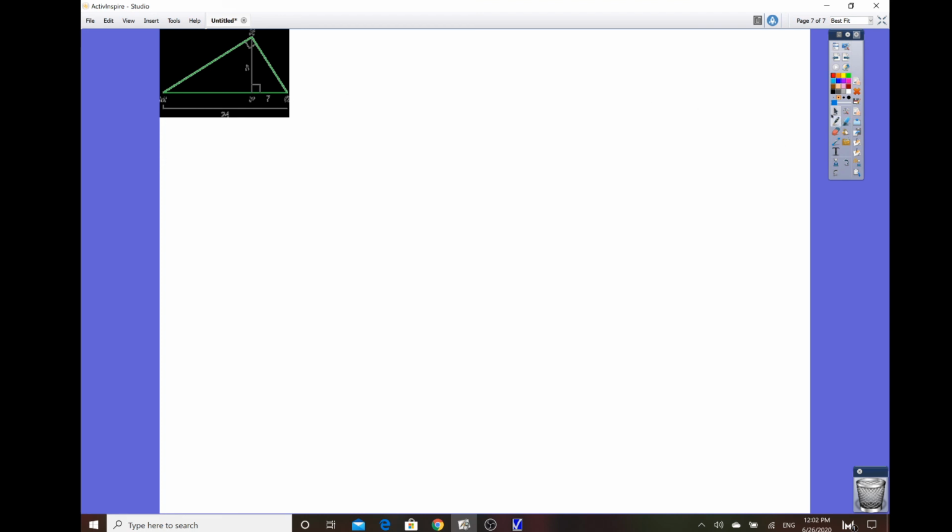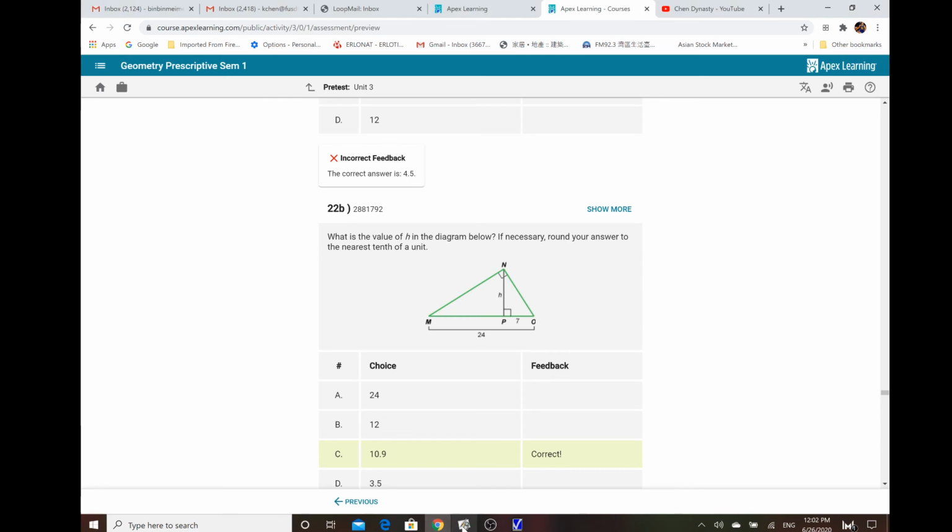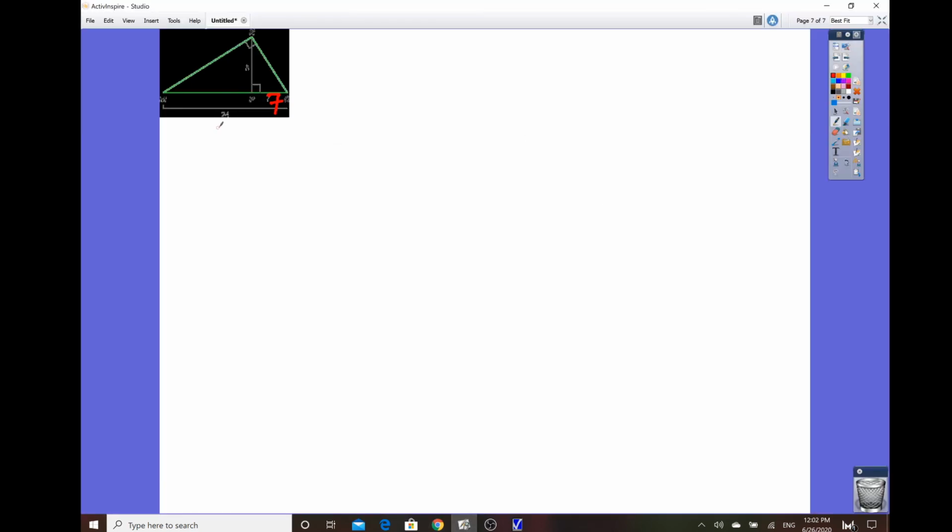So this one, 7, and then the whole segment here, which is 21 or 24? 24. And the height, that's what we need to find out. If you find the measure of the segment here, this major segment, then that'll be 24 minus 7. So 24 minus 7, you'll get 17.